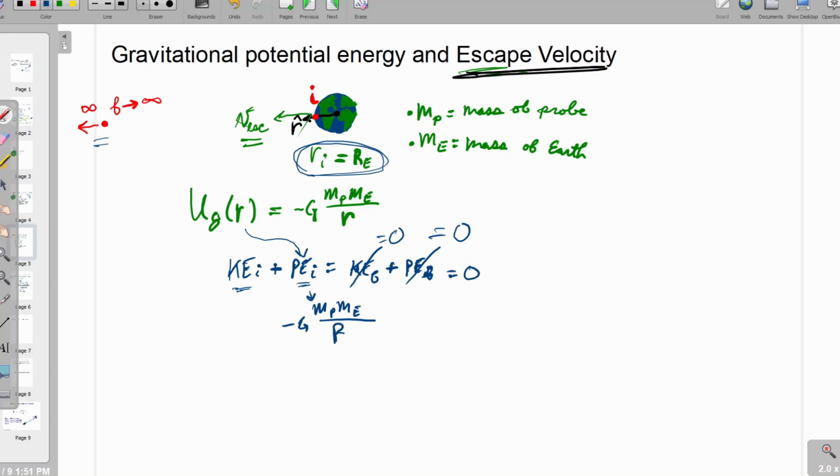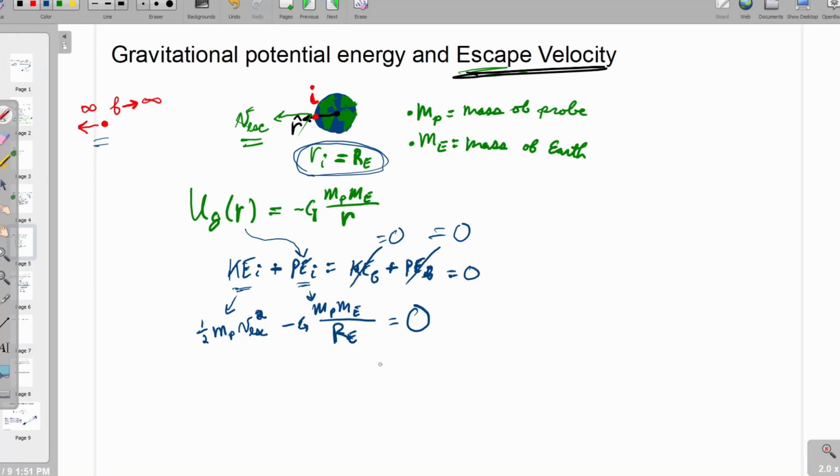And the initial kinetic energy is just going to be 1/2 times the mass of the probe times the escape velocity squared, right? That's exactly what defines the escape velocity: it's the thing that gives you enough kinetic energy initially to overcome the potential energy of the planet that is holding on to you. These two things are going to sum to 0.